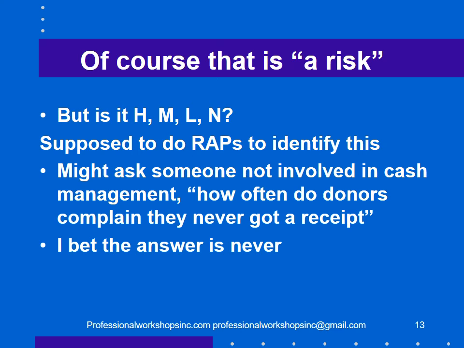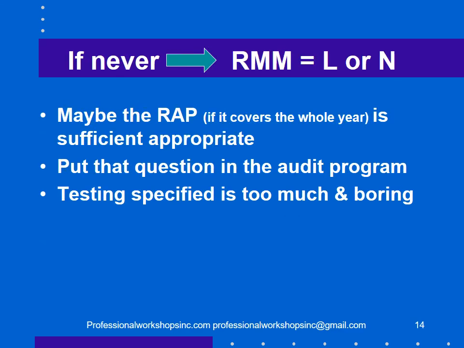That just doesn't happen. We reconcile, we compare, we test, we do all kinds of things. It never happens. So if that's the answer you get, I think you would assess the risk of material misstatement as either low or negligible. And maybe you might put that question in your audit program as well, and your risk assessment procedure, now that it covers the whole year, the inquiry, might be sufficient appropriate audit evidence to convince you that that was not a problem.